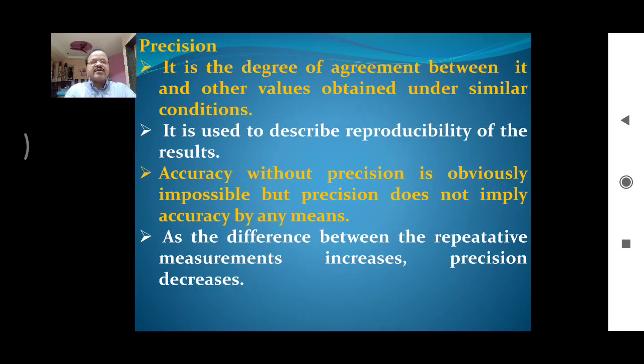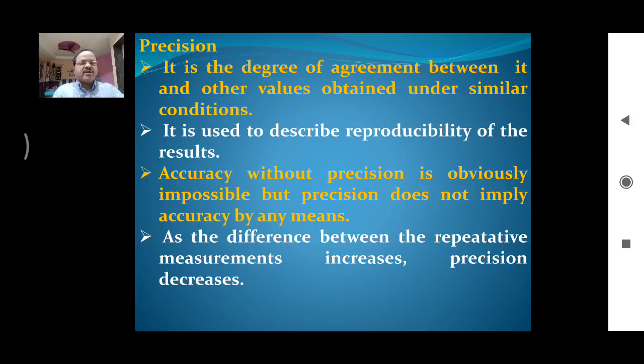Now let us see the next term, that is called precision. What is precision? It is the degree of agreement between it and other values obtained under similar conditions. Suppose we are carrying out a titration of acid and base. Acid is taken into the conical flask and base is taken into the burette.